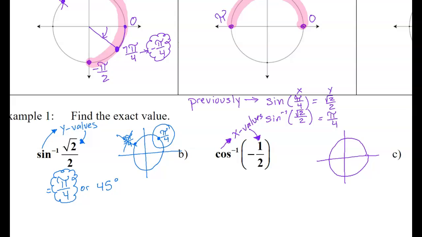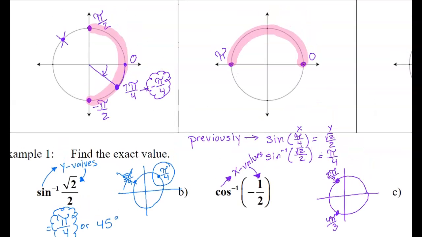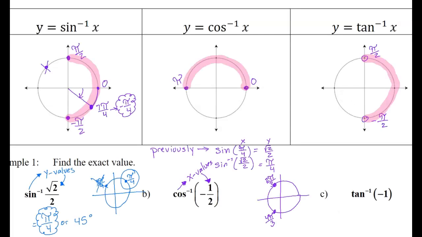Yes, we have negative 1/2 as our x value at 2 pi over 3, which is this angle right here, and also 4 pi over 3, this angle down here. Which one of these is my true solution according to my domain for cosine?